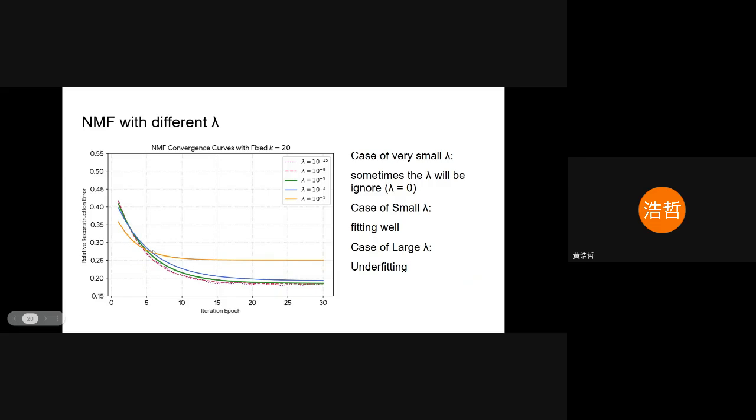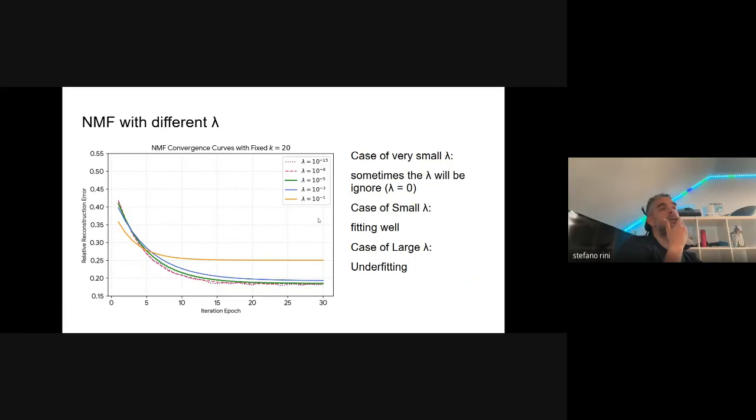You can see that when lambda is very small, the curve is not that smooth. It will have a lot of bounce. Let me think. It's good. It's nice.